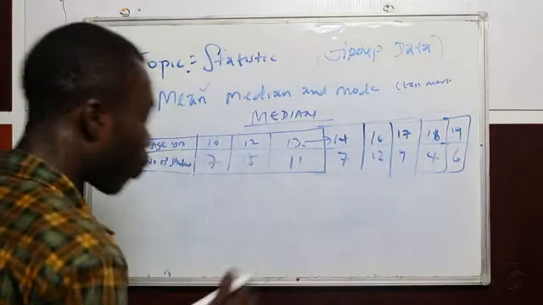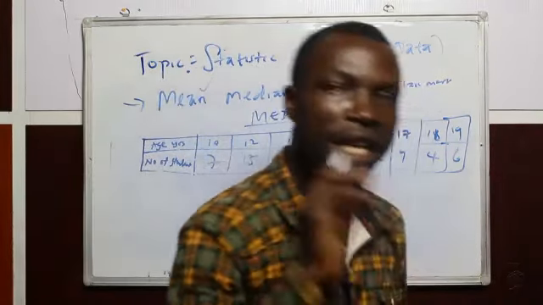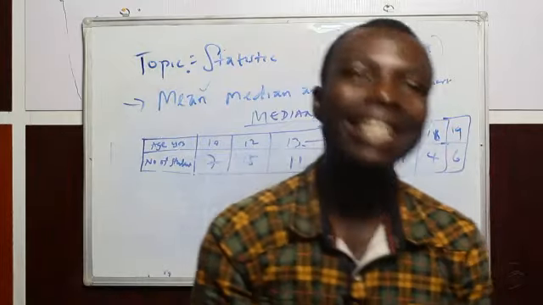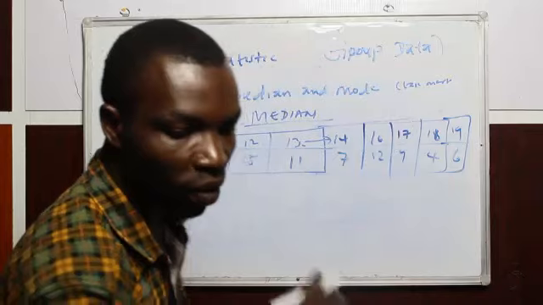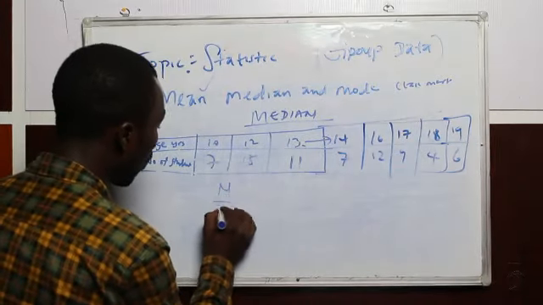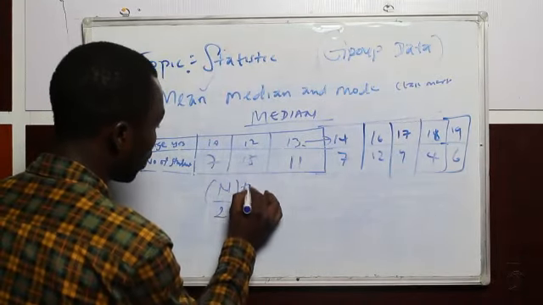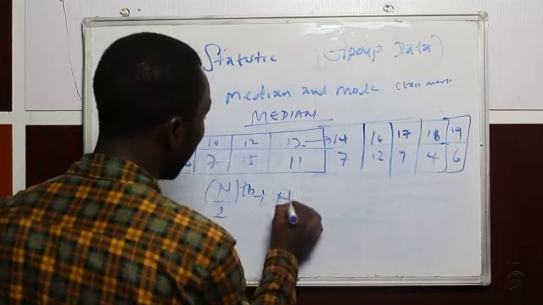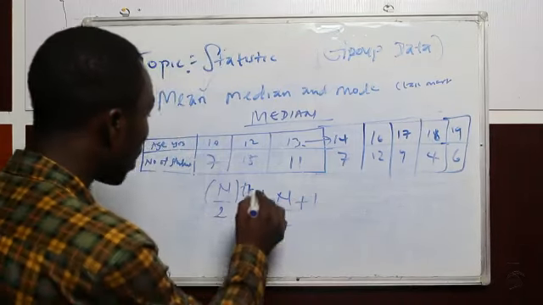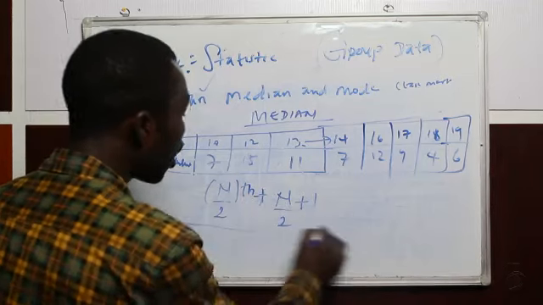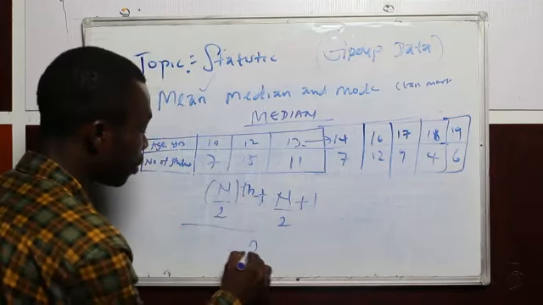The formula to find the median age once the cumulative frequency is even is the n over 2 term plus the n over 2 plus 1 term, and everything is then divided by 2.